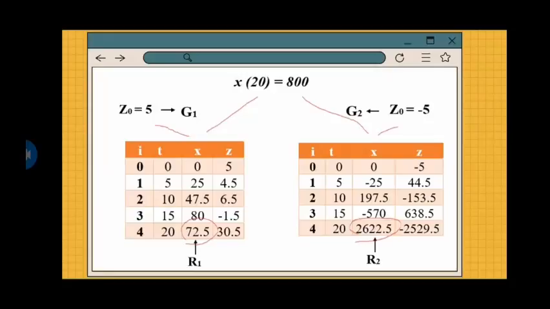And our second z is equal to minus 5. This will be our g2. The answer from the first calculation here is 72.5. This is our R1. And the answer from the second calculation, or the table, this will be our R2.